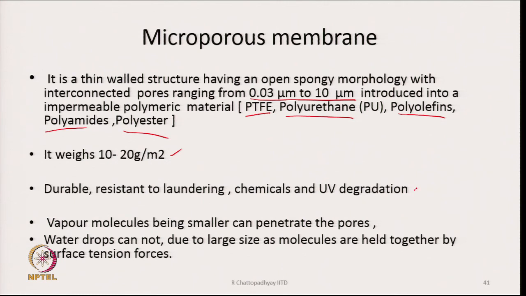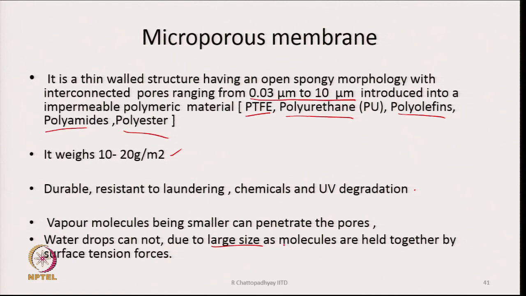Now, vapor molecules being smaller can penetrate the pores through it. The size of a water molecule is much smaller than the size of these pores. Water drops cannot penetrate due to large size. And why are they large?